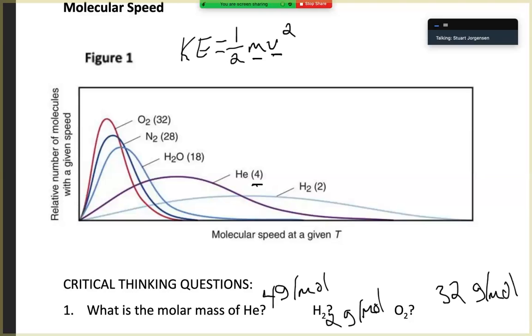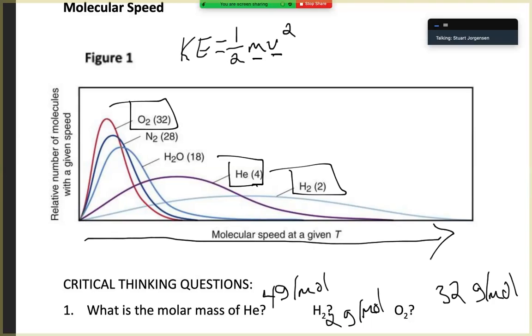Now, if we're looking at those three particles, it's worth comparing them. Our next question is, which gas has the most molecules with the lowest molecular speed? If we're thinking about our graph, speed is increasing as we go from left to right, with low speeds to the left and high speeds to the right.